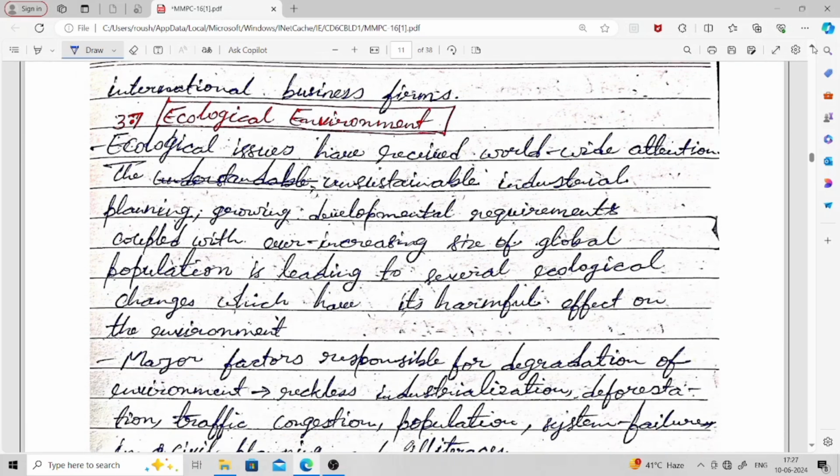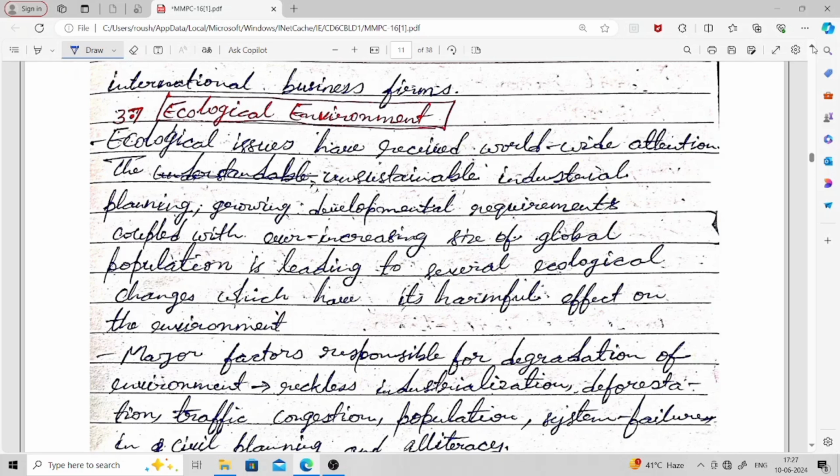Then next you have the ecological environment. Ecological issues have received worldwide attention.